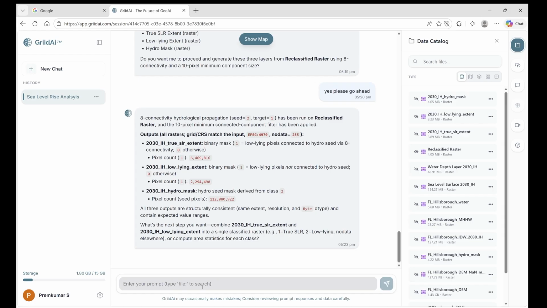So it has created these three different layers that we term the true SLR extent, low-lying extent and hydromask. The hydromask is basically the pixels with the value of 2. We need not worry very much about this one. The regions where low-lying extent is marked have the value of 1, basically representing that the regions are not directly connected to the oceans, but as per the SLR surface plane, those regions are falling below that.